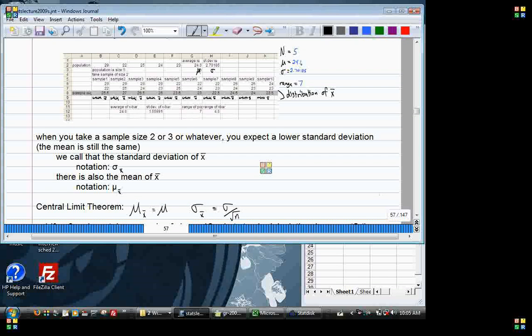Mu sub X bar equals mu, and sigma sub X bar equals sigma divided by the square root of n. And that's little n, the size of the sample. Okay. So notice that through a discussion we just figured out that the standard deviation for X bar should be smaller, but now we have a formula that tells us exactly what it's going to be.